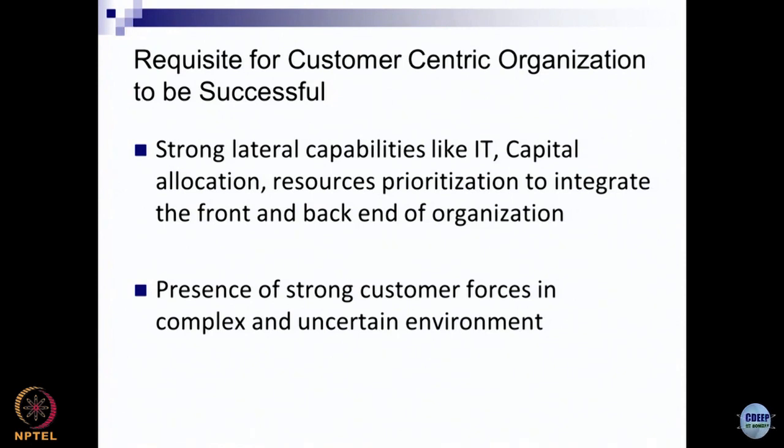Secondly, presence of strong customer forces in a complex and uncertain environment is the situation where customer centric organizations are required, and their probability of success is more in comparison to the functional or divisional organization.